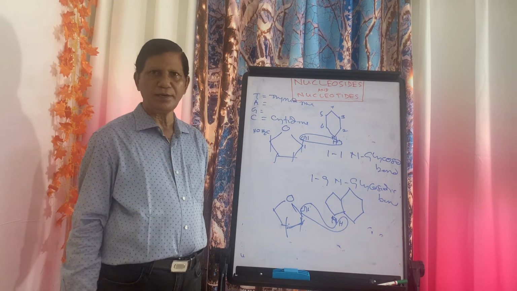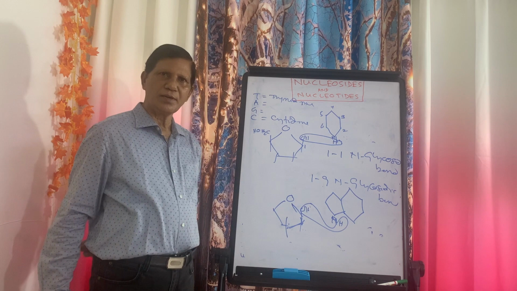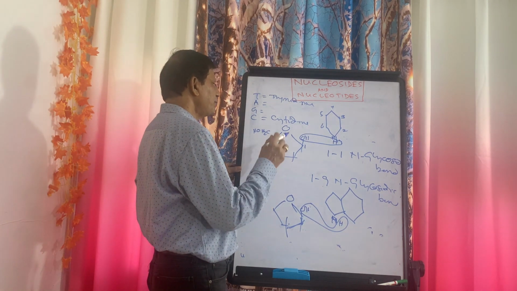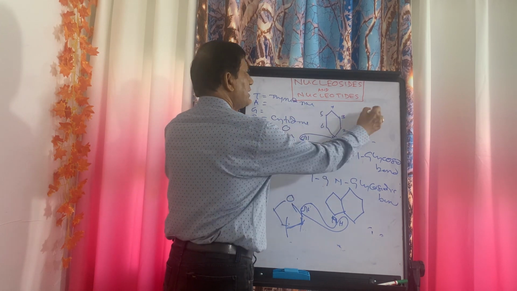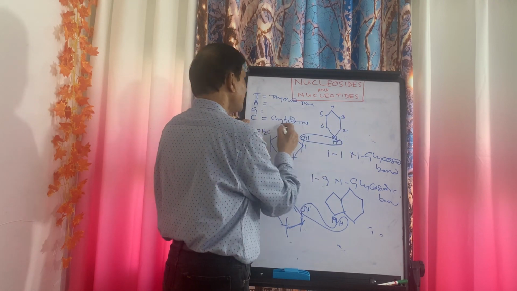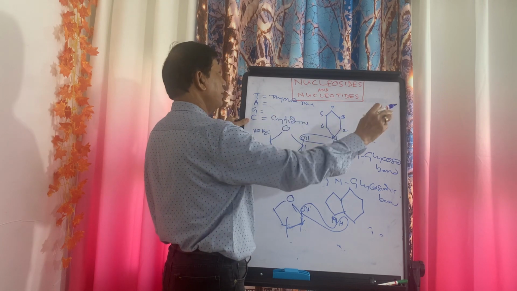But if it is DNA, in DNA the ribose sugar is replaced by deoxyribose sugar, so the names will slightly change. In case of DNA, it will be deoxyadenosine, deoxyguanosine, deoxycytidine, and deoxythymidine.